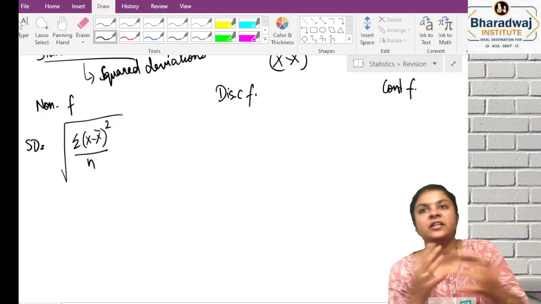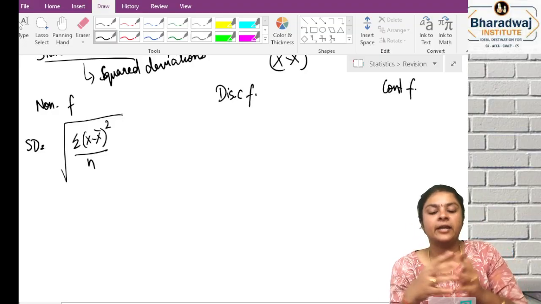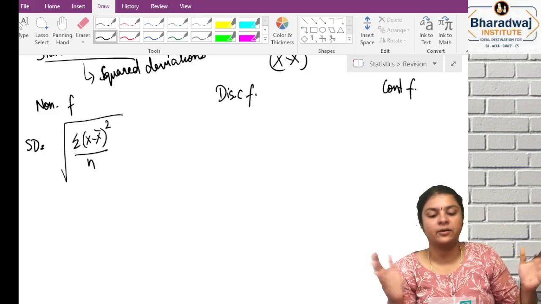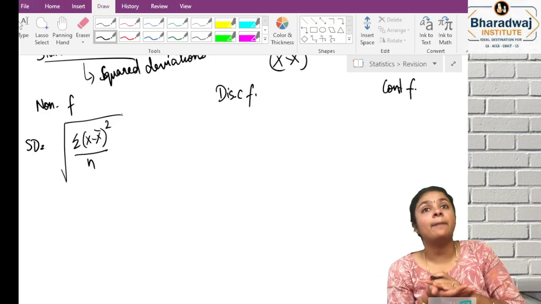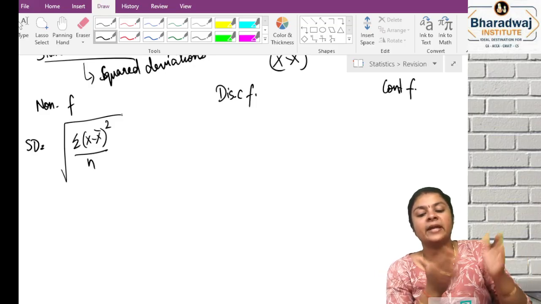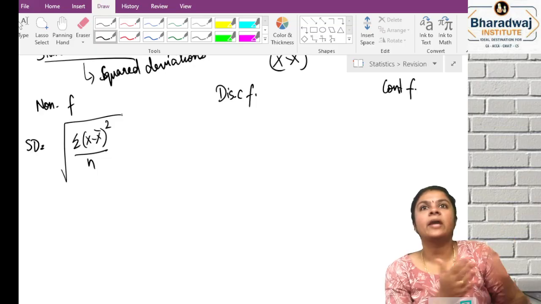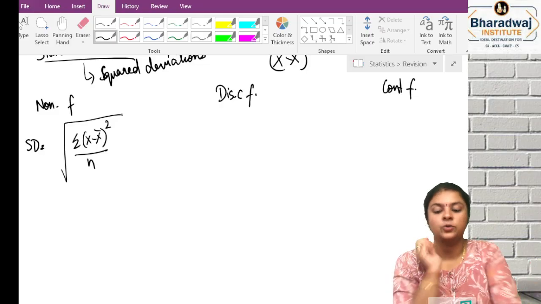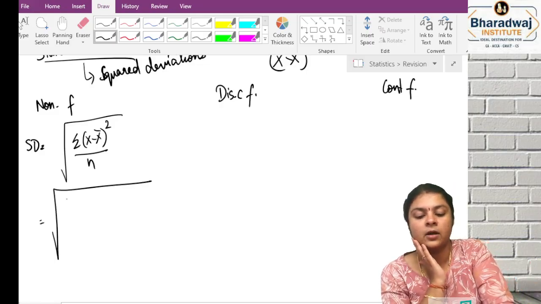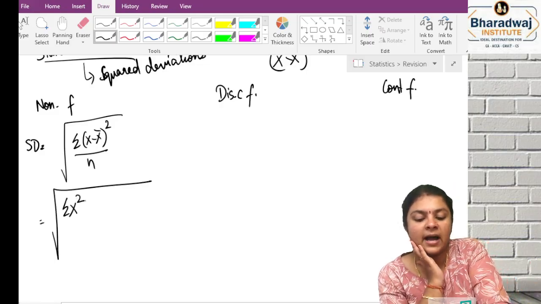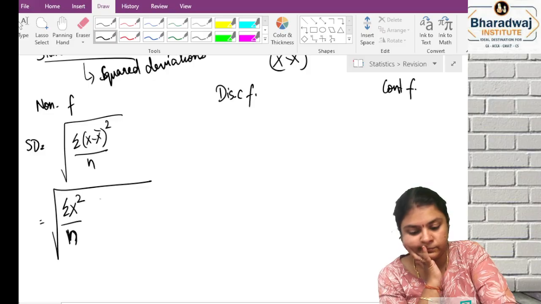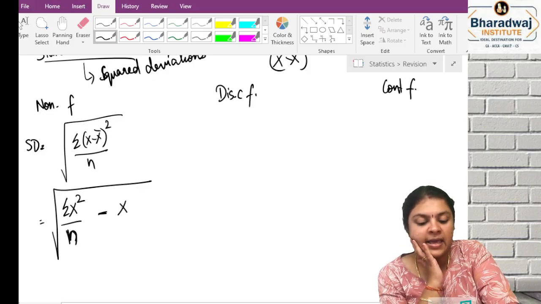When you expand the squares using the algebraic formula, you will get sigma x square, and it will simplify to this formula: root of sigma x square by n minus x bar the whole square.